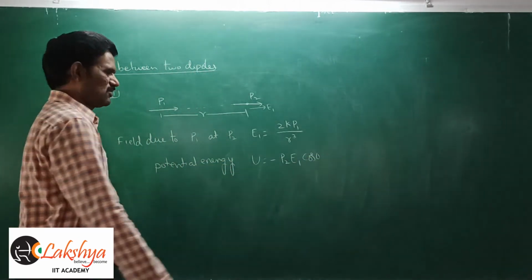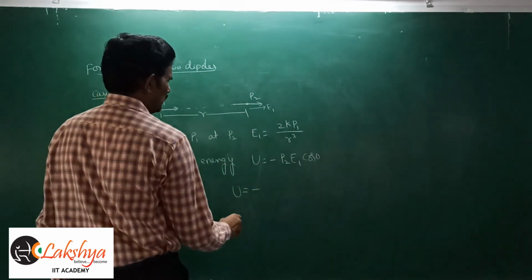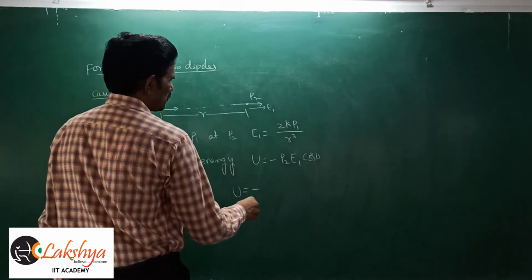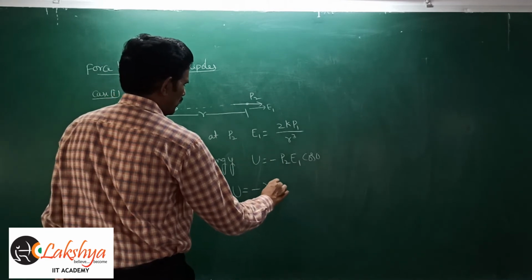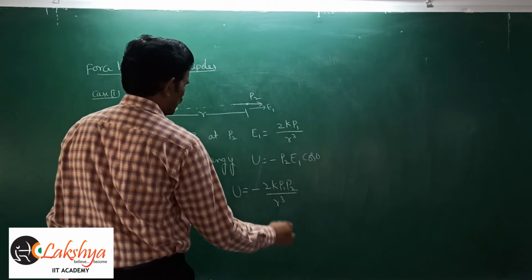Substituting the E1 value, it is minus 2kP1P2 by r cube.